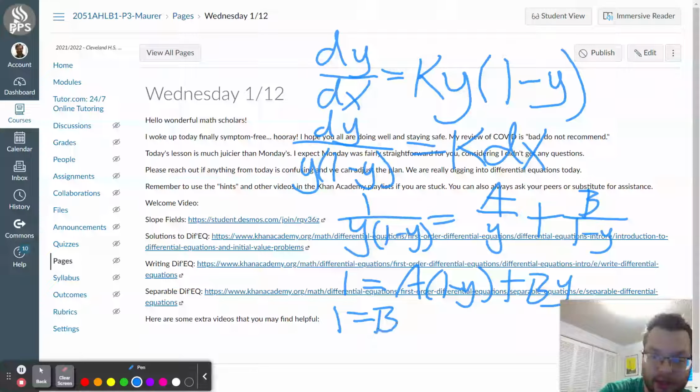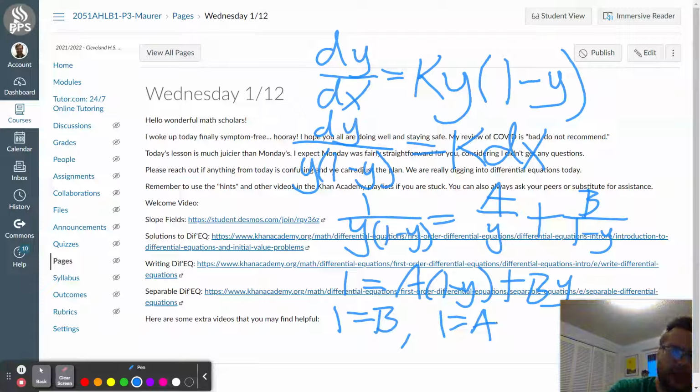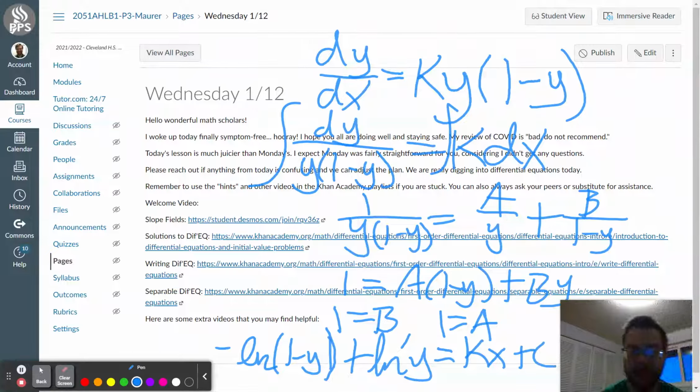And if you plug in y equals 0, you get a equals 1. And great. And so then when we take the antiderivative of the left side, we get the natural log of 1 minus y times negative 1 plus the natural log of y, and that equals kx plus c.